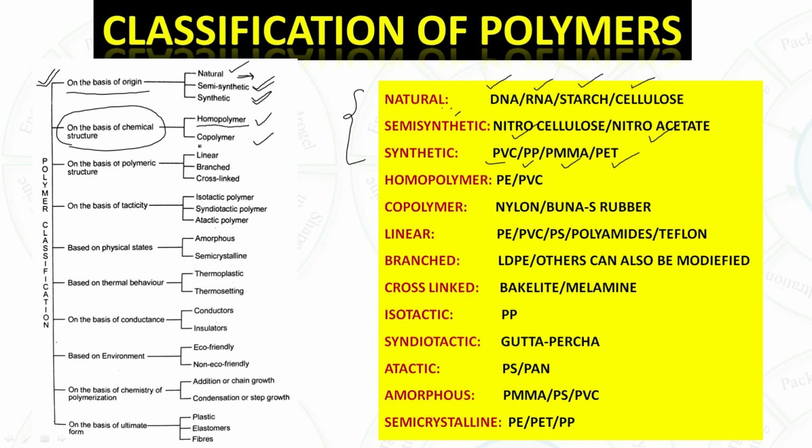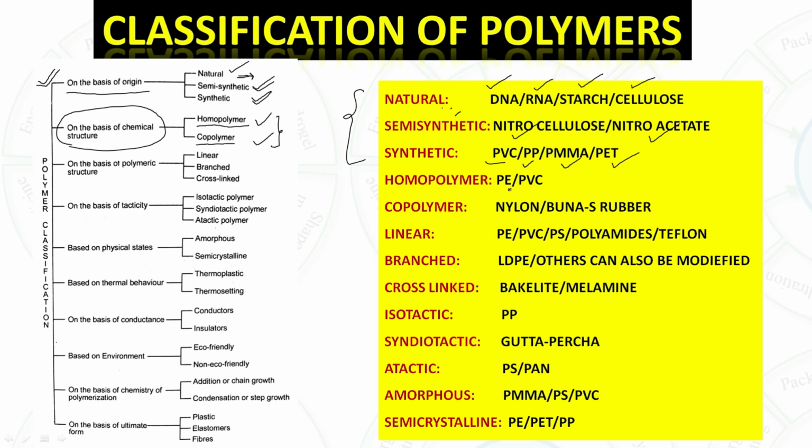But in copolymers, in the backbone of the polymer chain, you can find more than one kind of atoms. But in the upcoming classes, I'll throw detailed light on this particular classification. But up to now, it is very important to note that the homopolymers contain only one kind of atom in the backbone, and copolymers may have more than one kind of atoms, right?